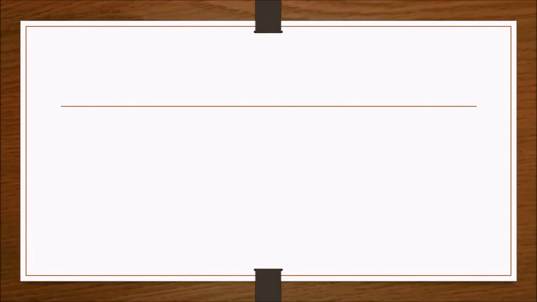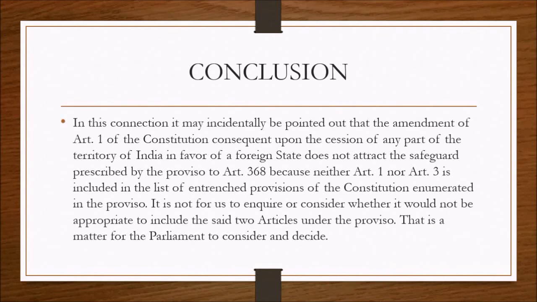Then going to the conclusion. What is the conclusion of this case? In this connection, it may incidentally be pointed out that the amendment of Article 1 of the Constitution, consequent upon the cession of any part of the territory of India in favor of a foreign state, does not attract the safeguard prescribed by the proviso to Article 368, because neither Article 1 nor Article 3 is included in the list of entrenched provisions of the Constitution enumerated in the proviso.